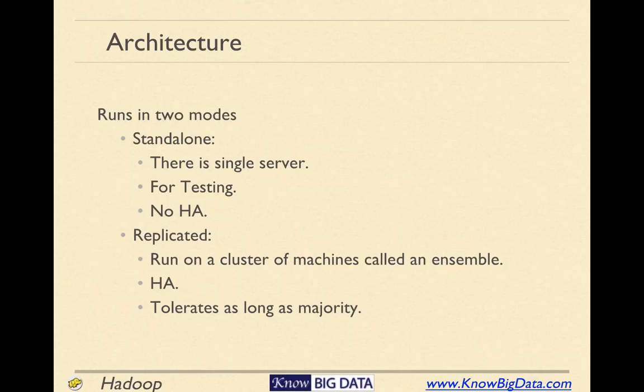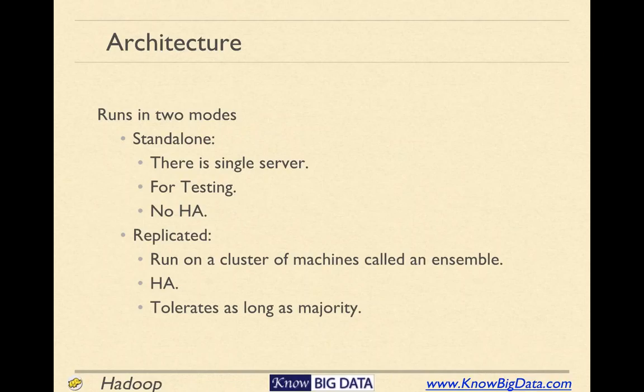Now, in this mode it's highly available. We'll show you how, and it keeps on running happily as long as a majority of the computers are up. Majority means more than half. In case there are three computers, majority means two.